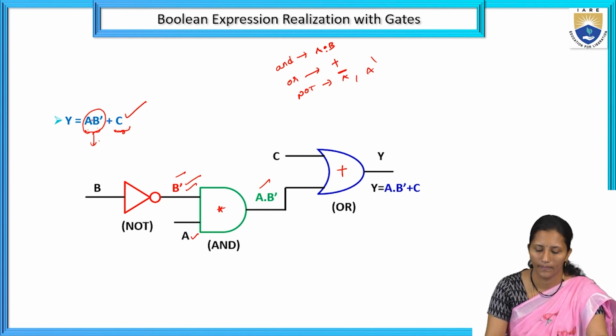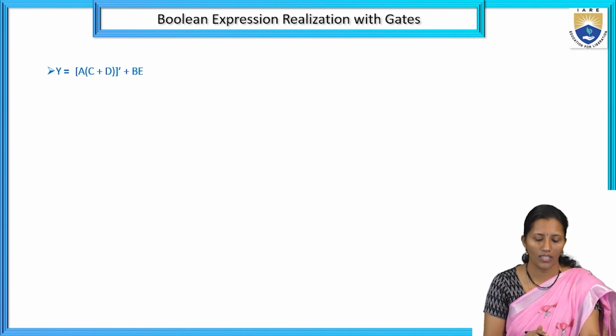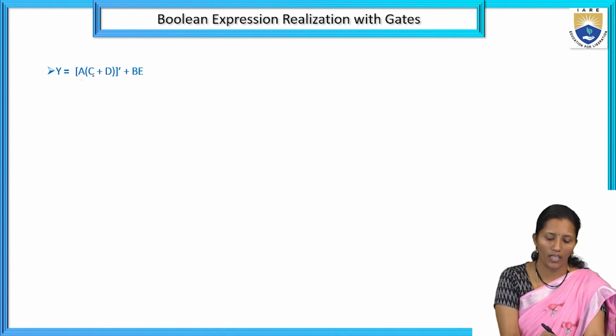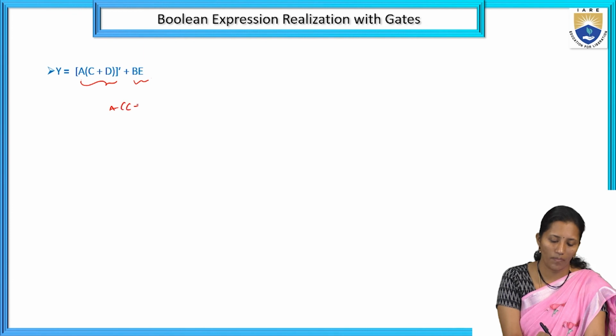See here, A into (C plus D) whole bar plus B E. How many inputs do we have here? A, B, C, D, E. Take the first term and second term. First we realize A into (C plus D) whole bar.